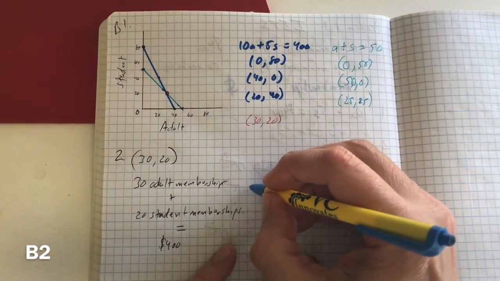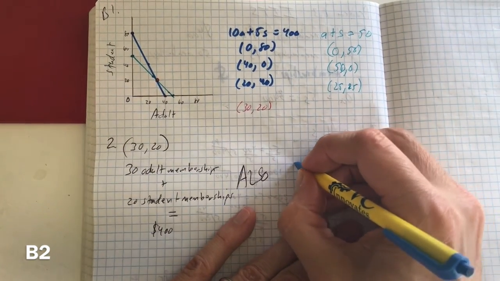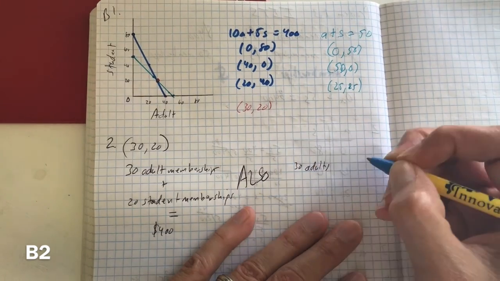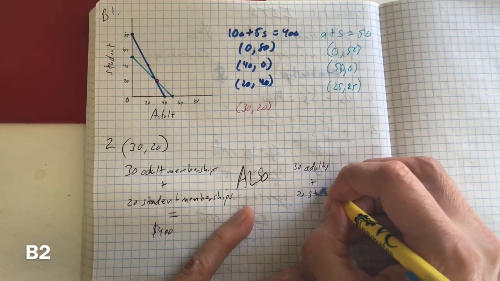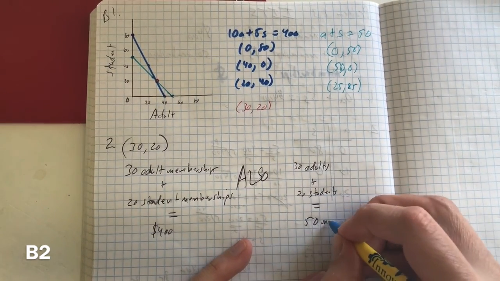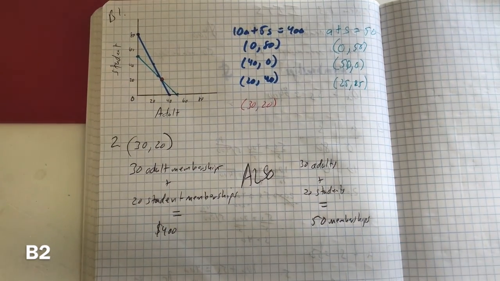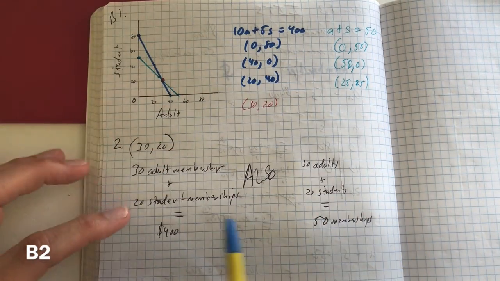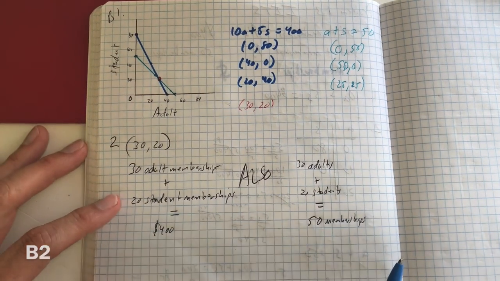But also, that's the key phrase here, it represents the 30 adults plus the 20 students that equaled the 50 memberships. So you see how when it comes to these things, this is a system of equations where these two different situations allowed us to figure out the information about how many people signed up.